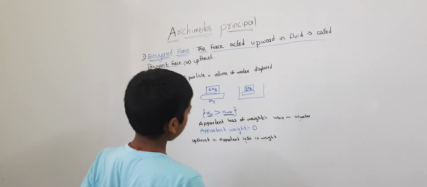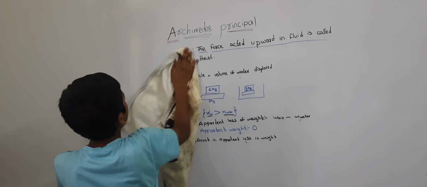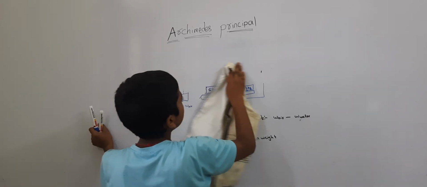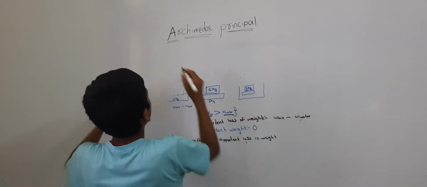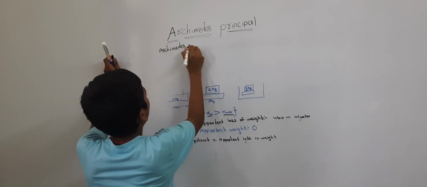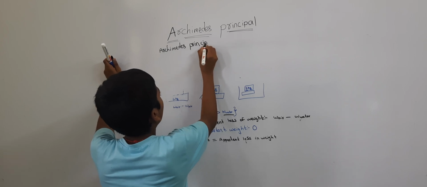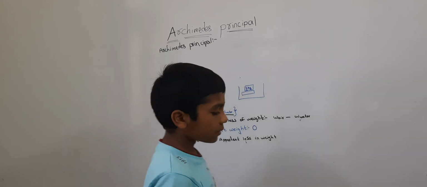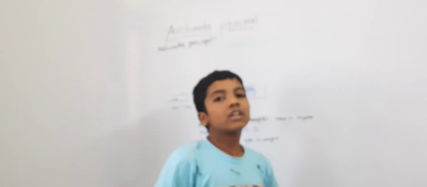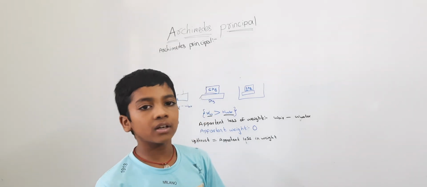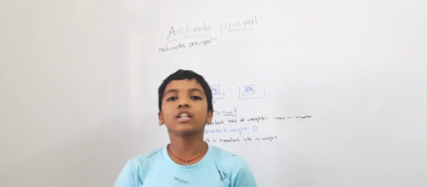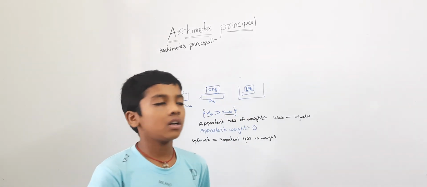Next we discuss relative density. Sorry, not relative density. Now we discuss Archimedes principle. When a body is immersed fully or partially in a fluid, the weight of the fluid displaced and the upthrust are always equal.